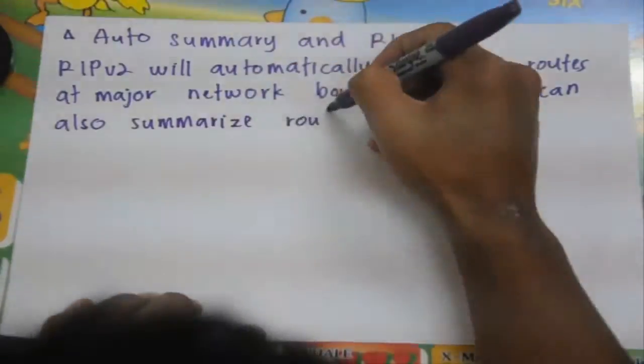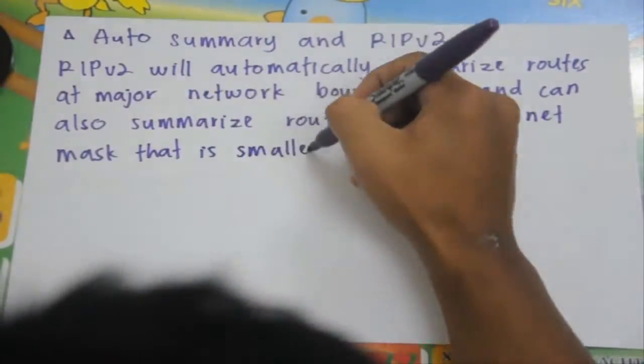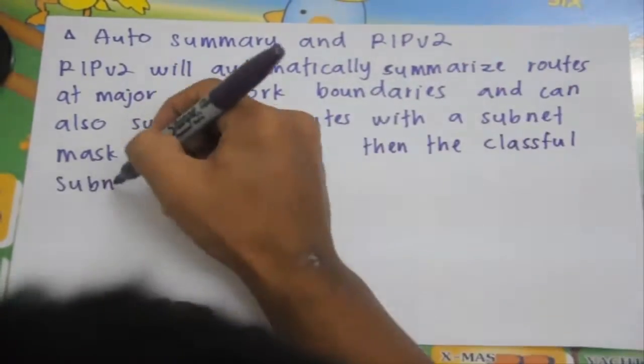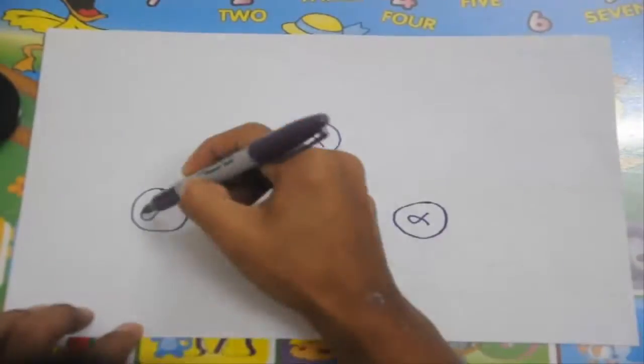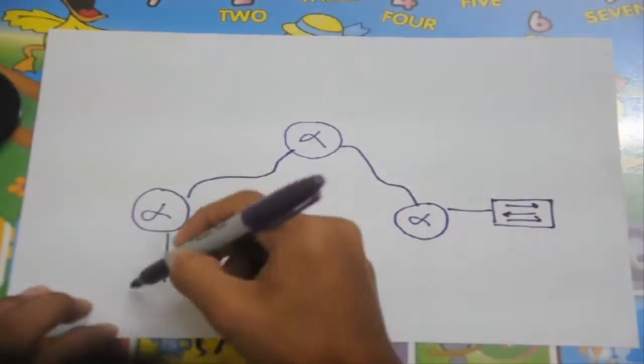RIP 2 will automatically summarize routes at major network boundaries, and can also summarize routes with a subnet mask that is smaller than the classful subnet mask.